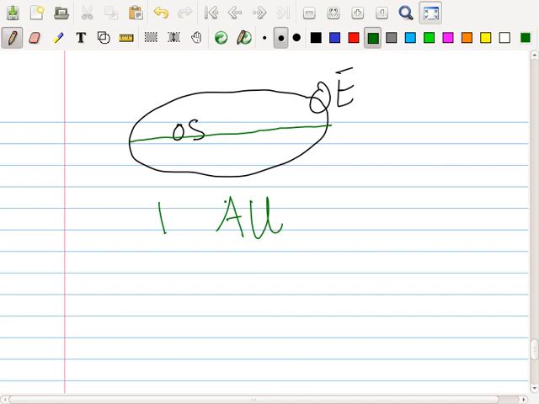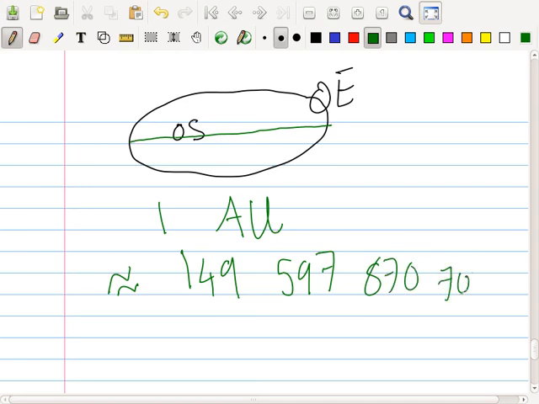AU stands for astronomical unit. Basically, it's a big unit for space. It's approximately 149,597,870,700 meters.